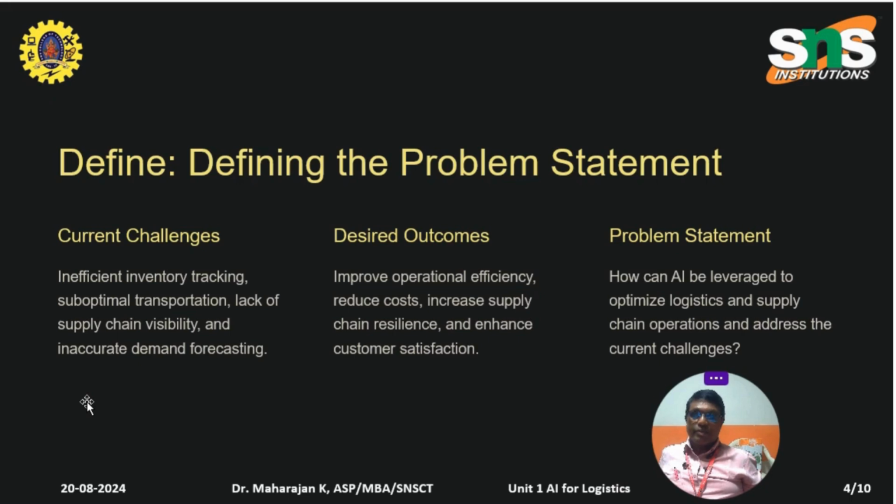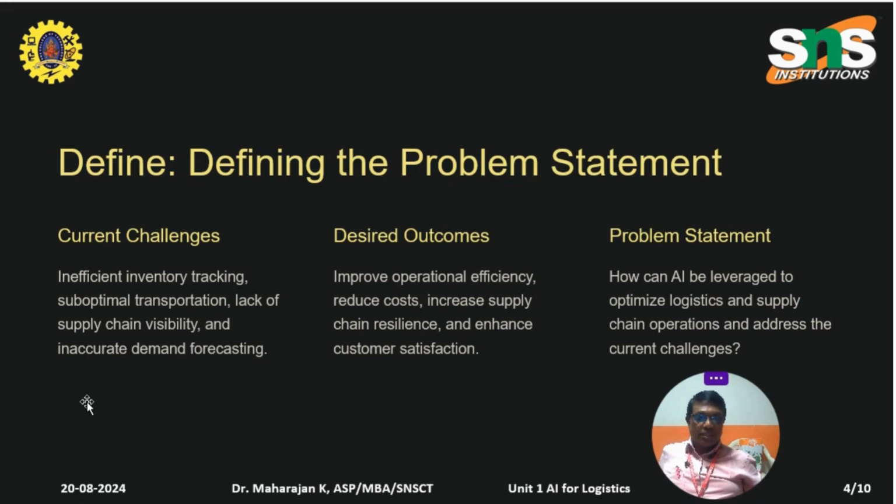Are we accurately forecasting demand, or how much is the inaccuracy? What is the desired outcome? We want to reduce cost, speed up our processes, and satisfy our customers. We have something called supply chain resilience. Resilience means when problems happen, how we handle them without much disruption to the supply chain. That's called resilience.